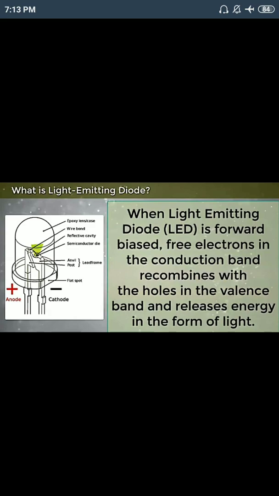When an electron breaks the covalent bond and moves from the valence band to the conduction band, a vacancy of an electron is created, that is called a hole. So when the electrons come from the conduction band to the valence band, they recombine with those holes.